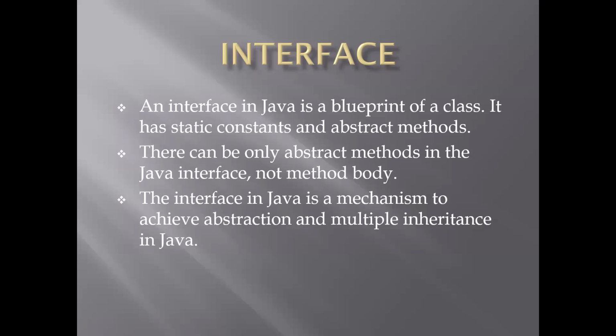It has static constants and abstract methods only. All members of an interface are either abstract methods or static constants. No kind of implementation could be held in an interface.